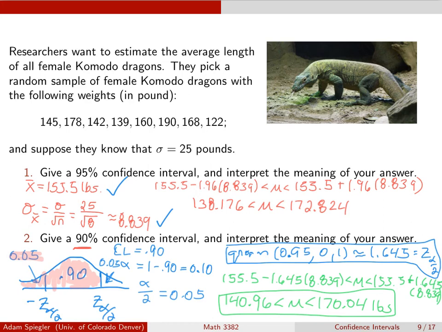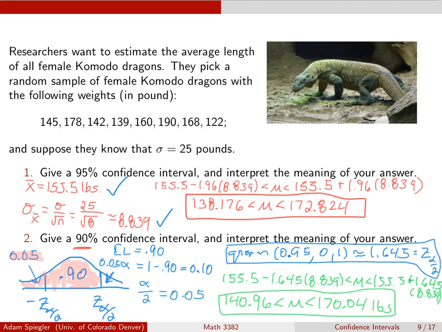And so if we compare these two estimates, the one I got in A and the one that I got in B, you can see that there's a trade-off. So what was good about the answer in A is this had a higher likelihood of being successful, which is good. And here were the endpoints of my interval. And if I compare that to part B, the good thing about this interval is it was a little more specific, right?